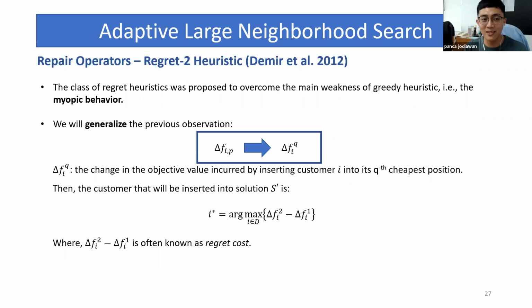And the generalized regret heuristic is regret K. Regret K heuristic means that you need to calculate the first, the second, the third, until the last best insertion. Then you take the summation. You will use those information to calculate the regret cost. Okay, so that's why here I only present the simplest regret heuristic, that is the regret 2 heuristic.